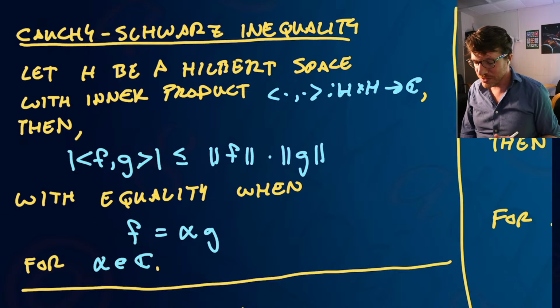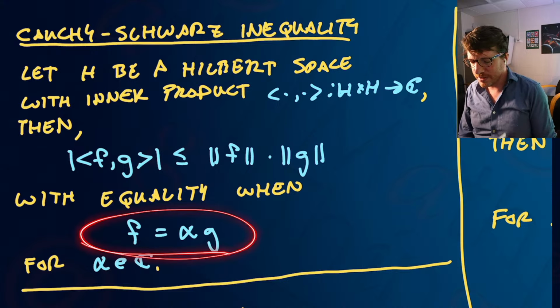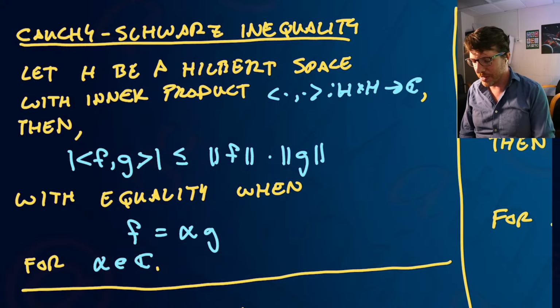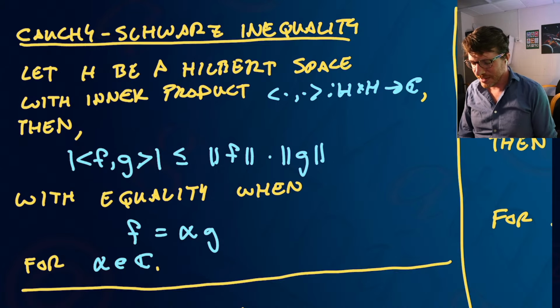And that's pretty nice. We have equality between the two only when they are parallel, which means they are the same except for multiplication by a complex scalar. So if this happens, then you have equality, and otherwise you have this inequality.